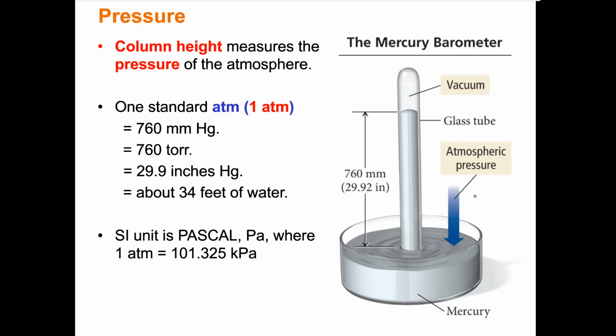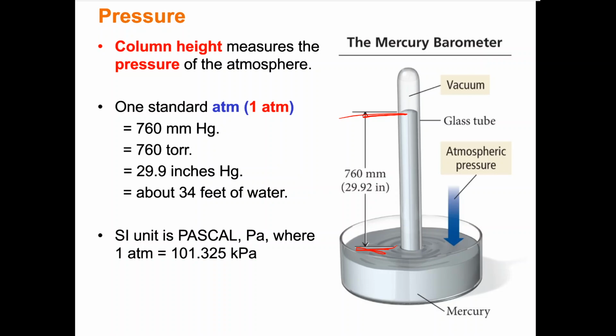So how do we measure pressure? Generally, pressure is measured through column height. We do this with something like this, for instance. We have a tube that's been vacuumed out, with a closed end, and the other end has been dipped into mercury.